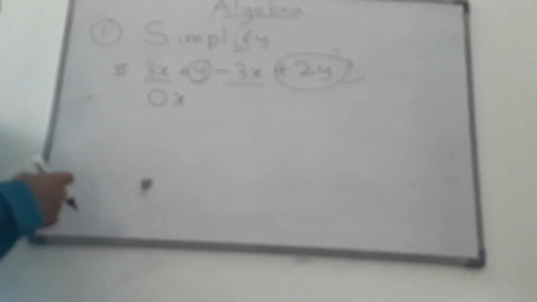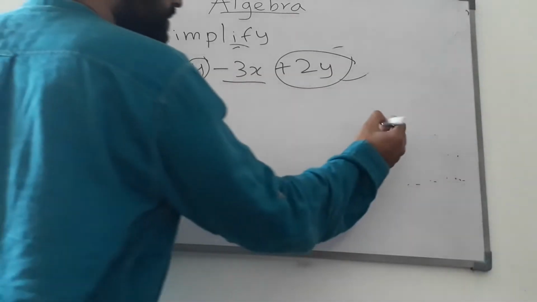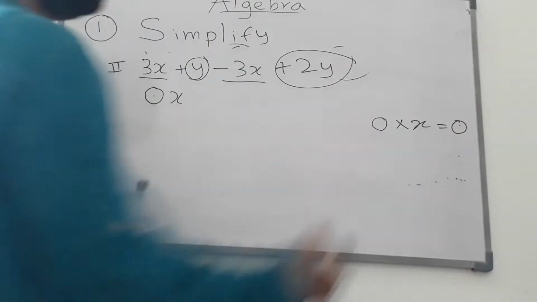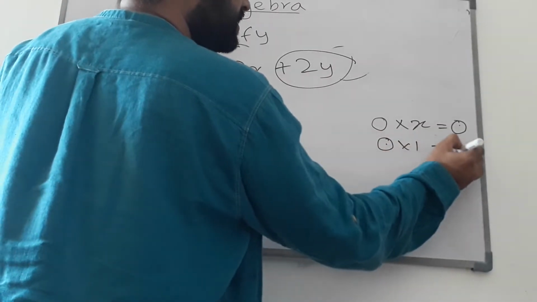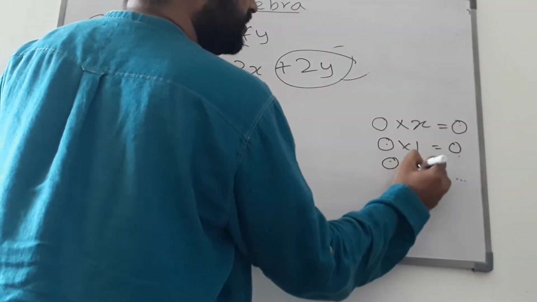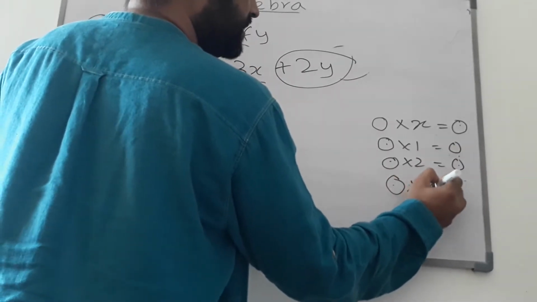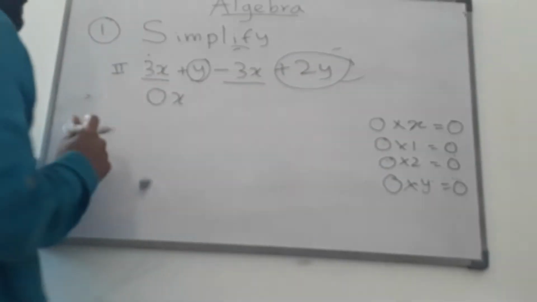Now, if the coefficient, the number in front of the algebraic term, is 0, then 0 times x means 0. Same as 0 times 1 is 0, 0 times 2 is 0, 0 times whatever number is 0. Keep it in mind. So 0x means it is 0.